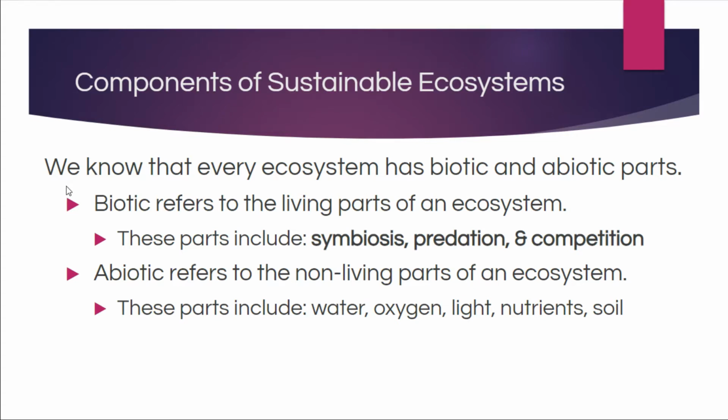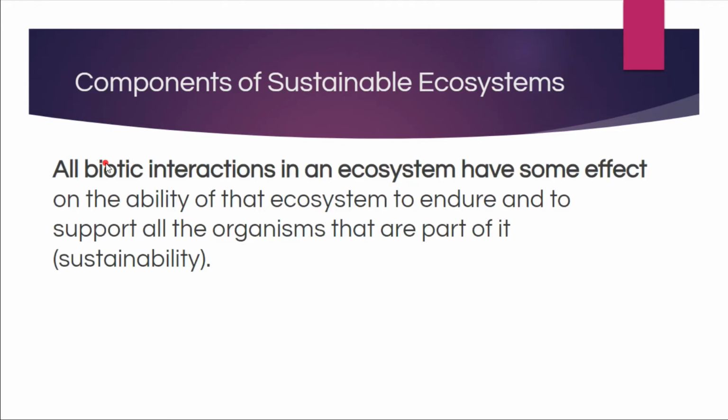These parts include water, oxygen, light, nutrients, and soil. Remember again, non-living parts. All biotic interactions in an ecosystem have some effect on the ability of that ecosystem to endure and to support all organisms that are part of it. Remember, that's sustainability.